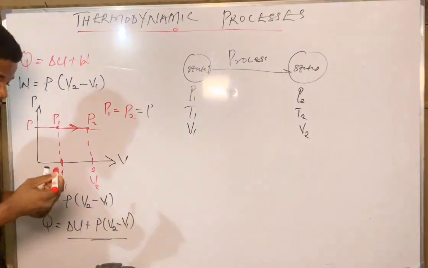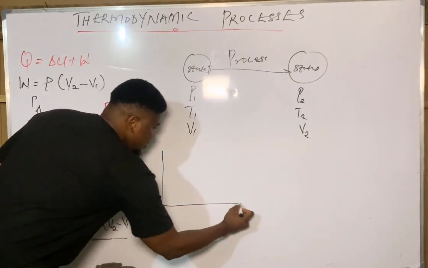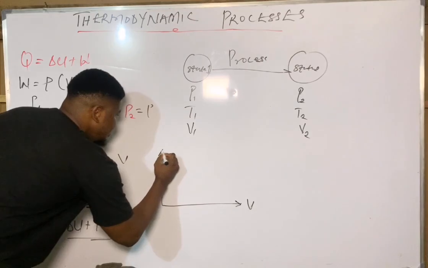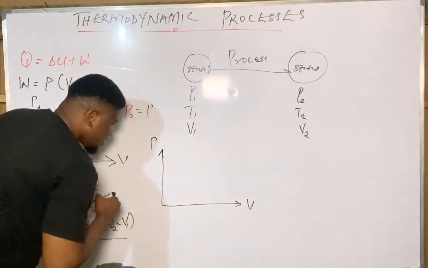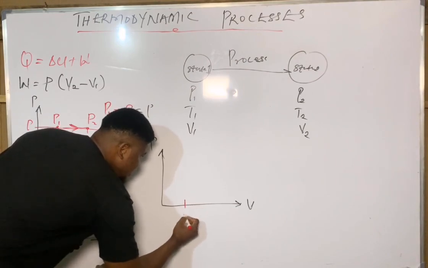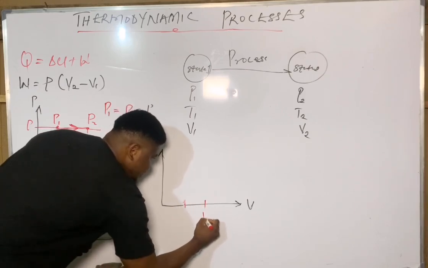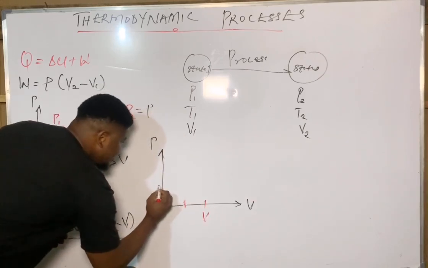So let's illustrate this using a PV diagram. On a PV diagram, this is volume, this is pressure. Once again, the first state for volume. In this case, volume is not changing, so volume remains constant. But pressure can increase.